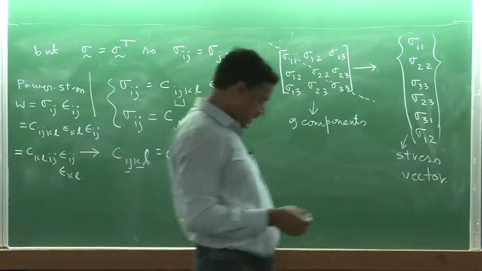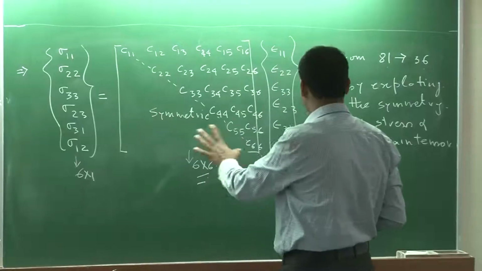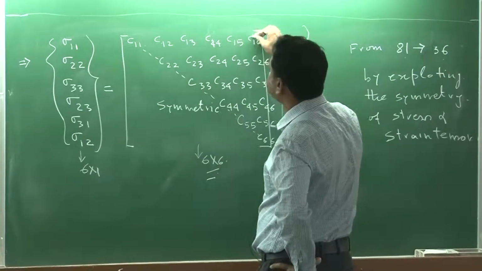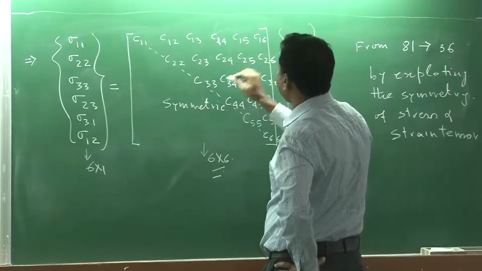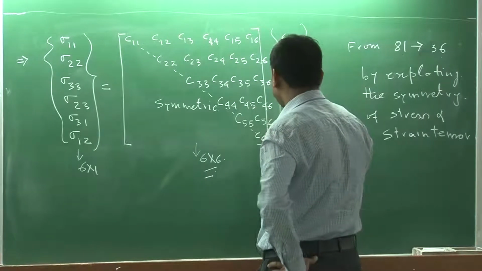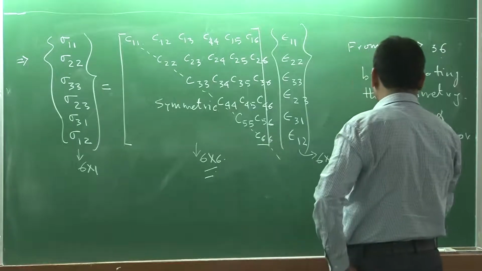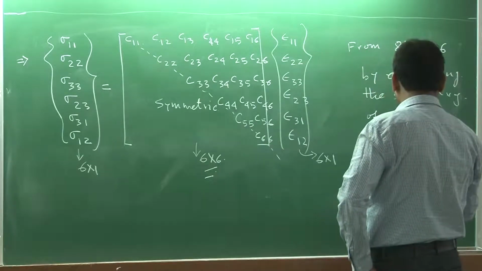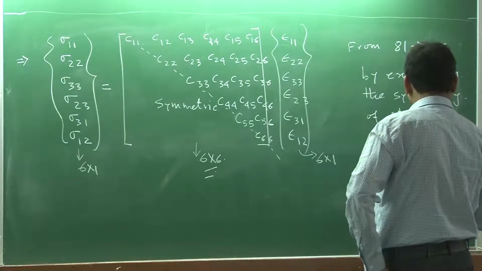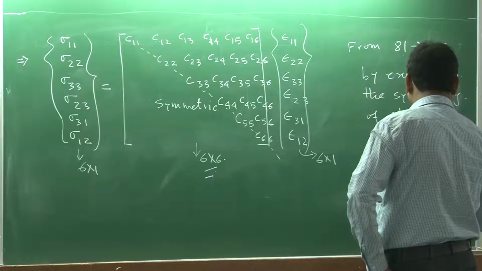So, because of the symmetry it is further reduced. Instead of 36, how many are there? 1, 2, 3, 4, 5, 6, 7, 8, 9, 10, 11, 12, 13, 14, 15, 16, 17, 18, 19, 20, 21. So, it becomes 21. So, 81 to 36 to 21 due to the symmetry of the constitutive matrix.